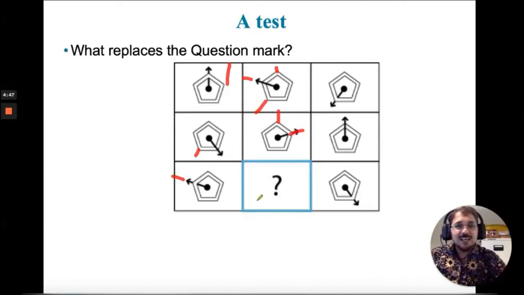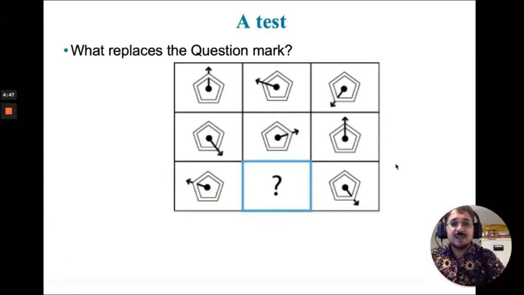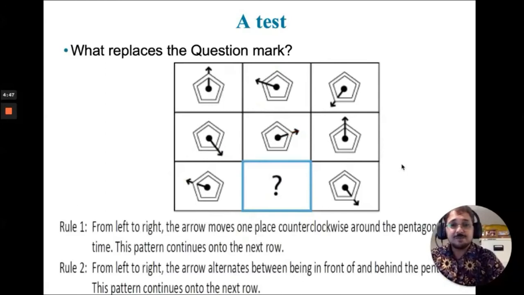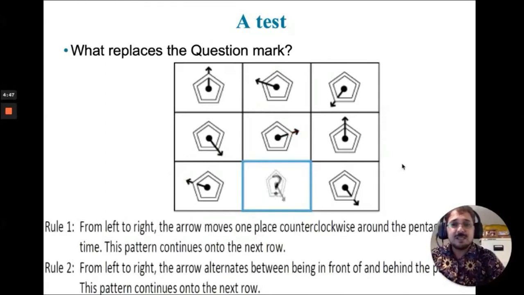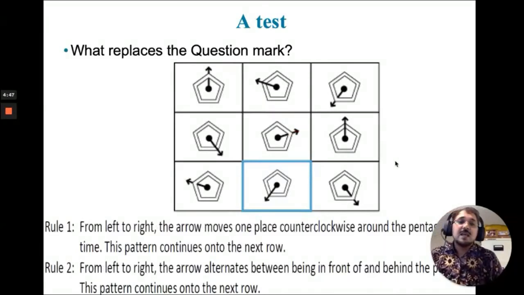So here but under, where should it go? It is quite clear, it should come to this point and be over the pentagon, and it will be like this.